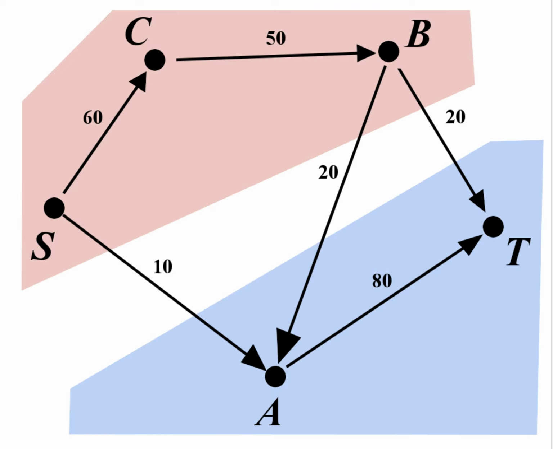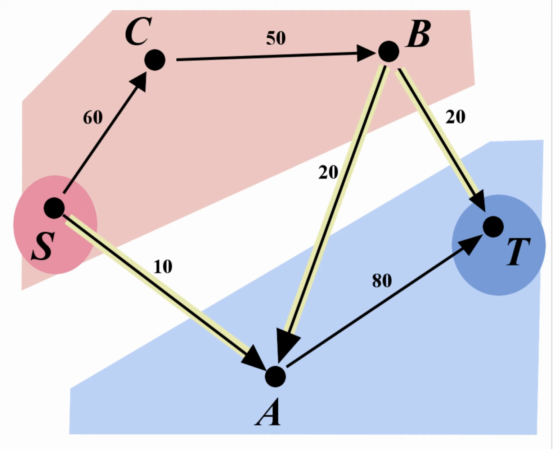I have split the vertices in two groups, red and blue. Source is in the red group and sink is in the blue group. And there are 3 edges going between the groups. And the total capacity of these 3 edges is 50.